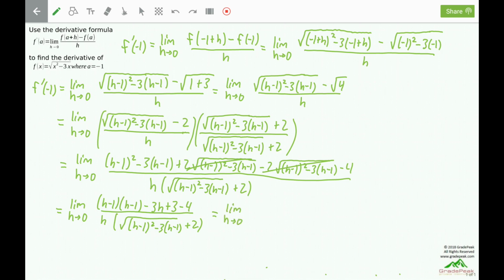FOILing out h minus 1 times h minus 1, first h squared, outside negative h, inside negative h, and last positive 1. And then we also have a minus 3h, a plus 3, and a minus 4 all over that denominator, which we won't change.